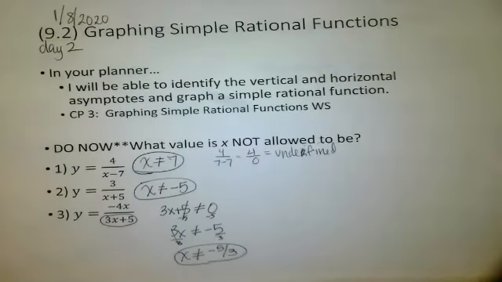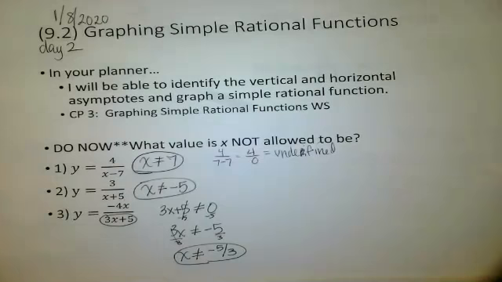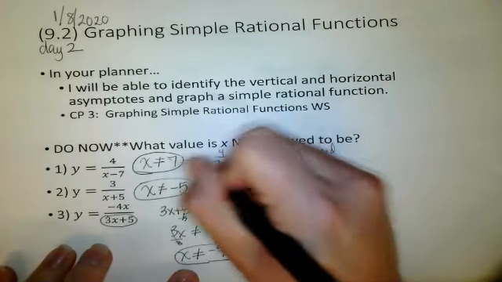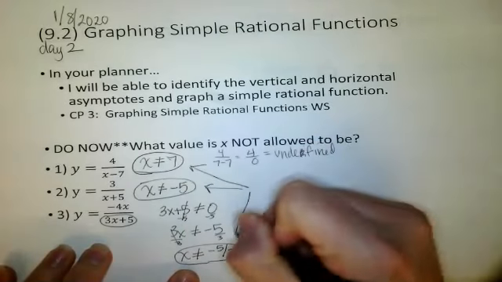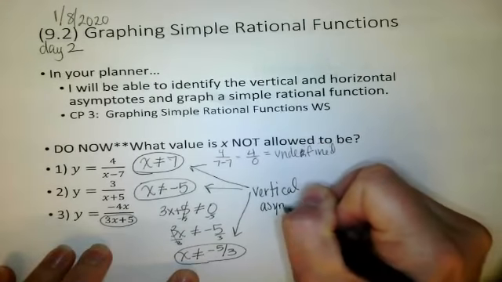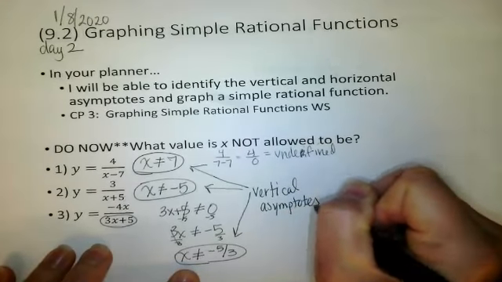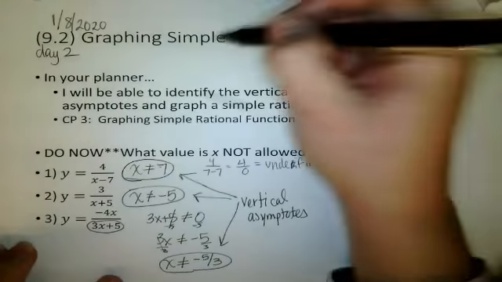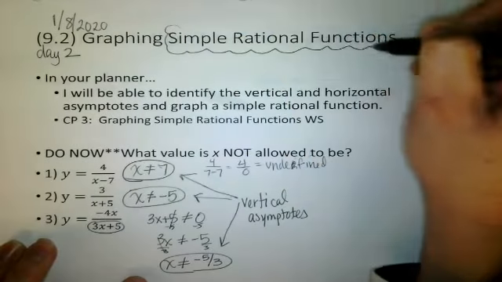And so it turns out that these undefined values for x actually create for us vertical asymptotes. So all of these values are what we call vertical asymptotes. And that's what we're going to use to help us graph rational functions. And that's what we're looking at today, simple rational functions.